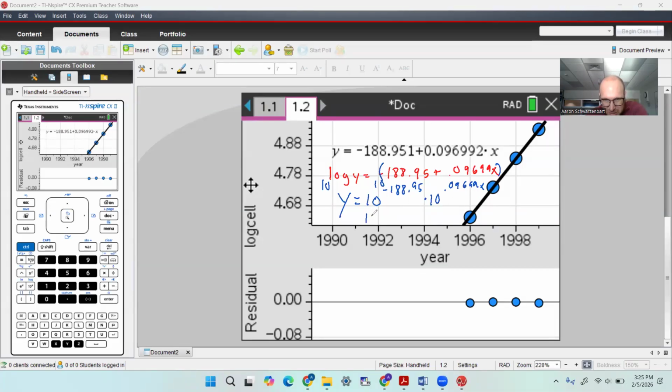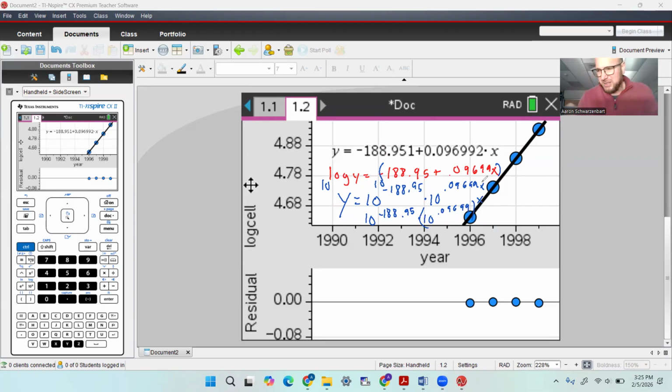I don't want to even think about what 10 to the negative 188.95 is. Very small number. This can be isolated like that.